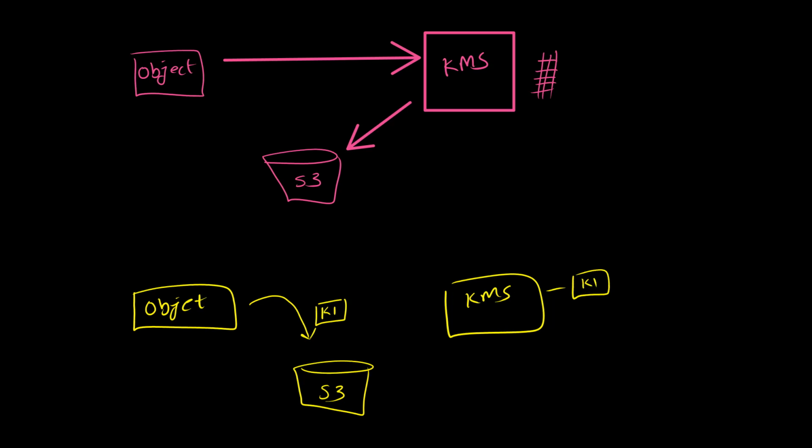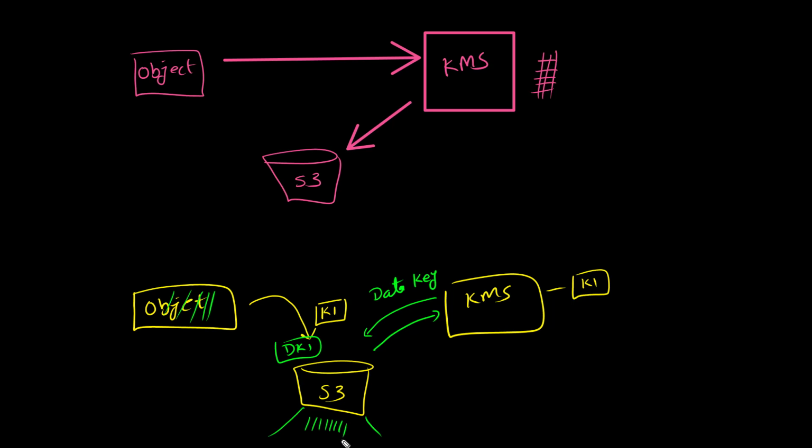So what happens now? When S3 receives a request that, okay, I want to encrypt object number 1 with key number 1, which is in KMS, S3 goes to KMS and KMS returns to it something called a data key. And that data key, let me call it DK1, is then used to encrypt the object, and that encrypted object is now stored into Amazon S3.